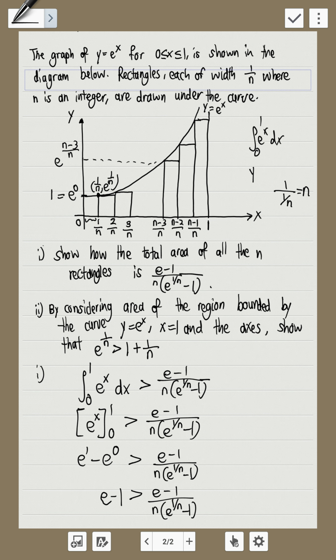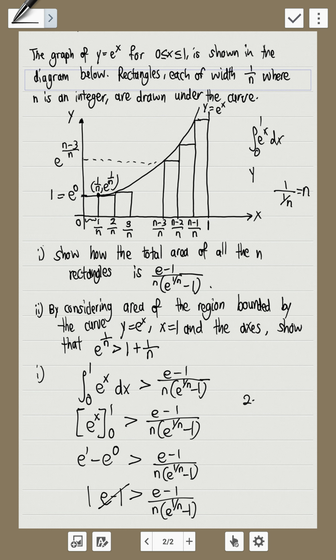Alright, what is e? If you substitute in the calculator value, e is about 2 point something. So 2 point something minus 1 is a positive number. Since it is a positive number, I can divide on both sides without changing the inequality sign.